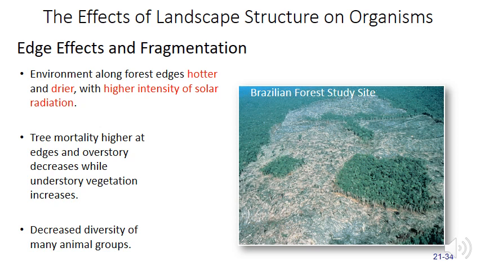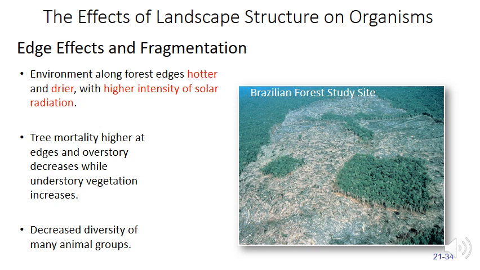One thing that Farig's models might not have fully taken into consideration are factors like edge effects. So when we fragment a habitat, we increase the ratio of edge in relation to interior of that habitat. And conditions along the edge of a habitat are always different to the interior of patches.